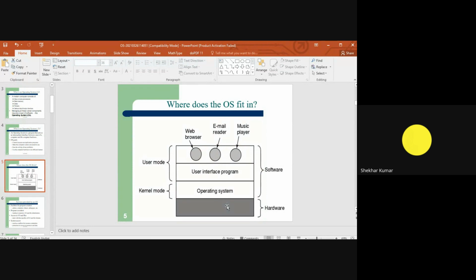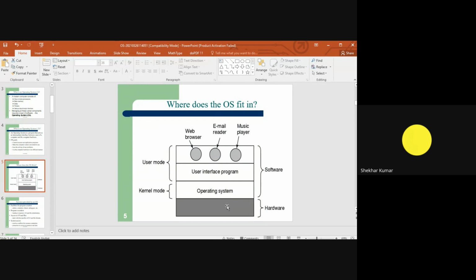If it is not executed within time, then that will be a very drastic change. For example, if you want to launch a missile to another place and there is a time delay, then what will happen? Then you will be finished because you have not done it within the time. These types of operating systems are called your hard real-time operating systems.